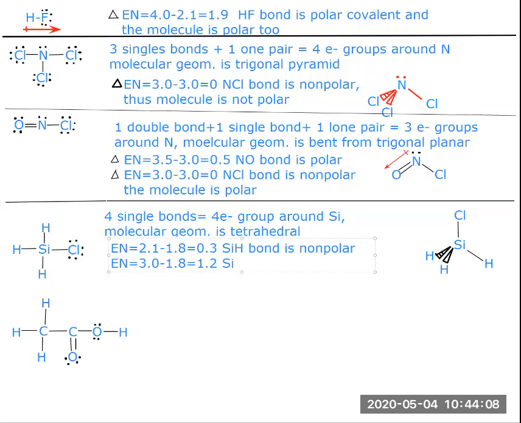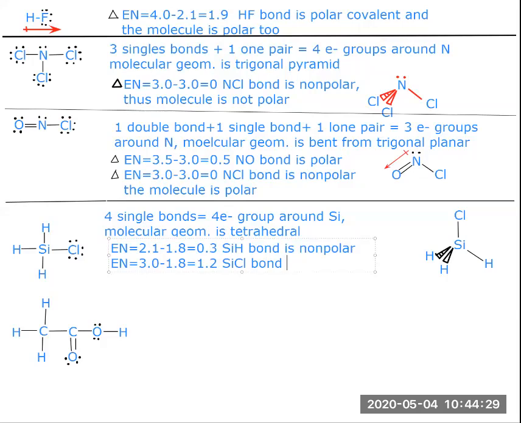So the SiCl bond. So you look at the middle table, the SiCl bond with the difference of 1.2 falls into the second row here, where the electronegativity difference is between 0.5 and 1.9. And that's a polar covalent bond.